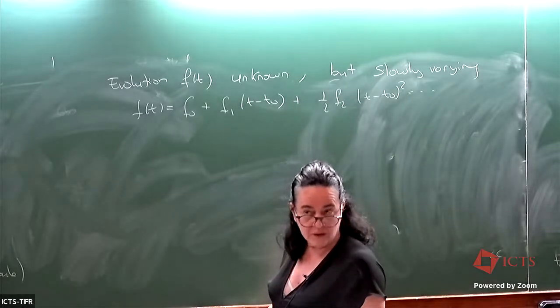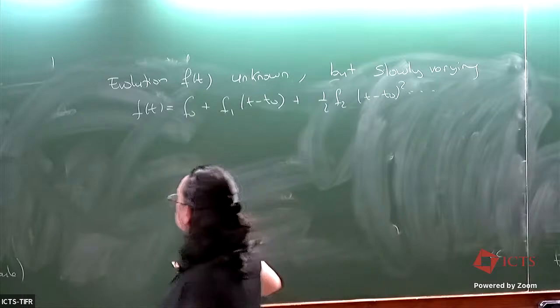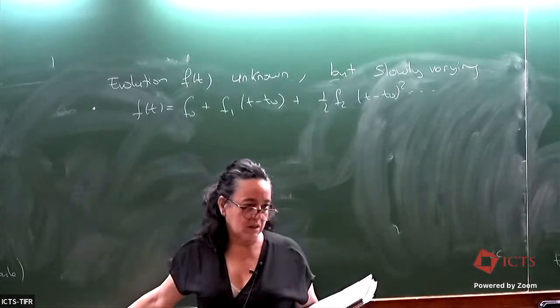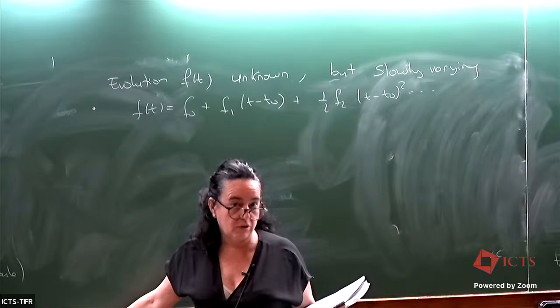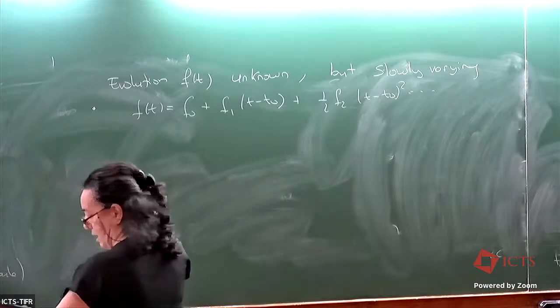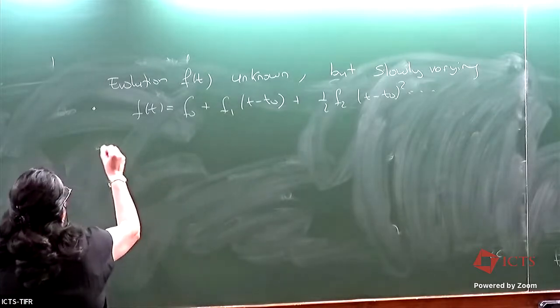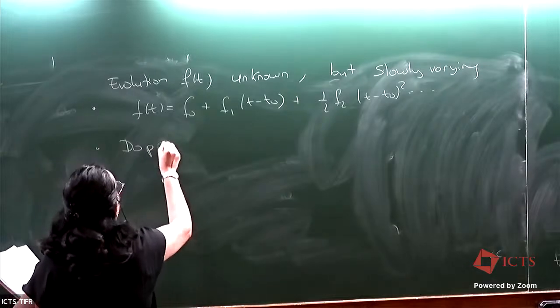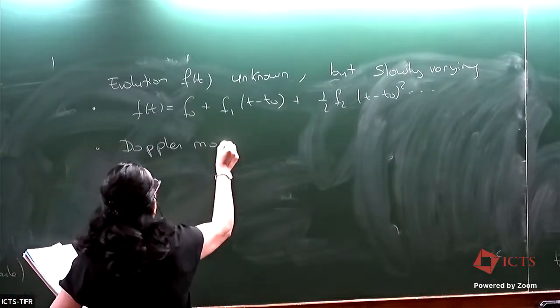So the first parameters I'm going to have here, as Keith also mentioned, are the frequency and the frequency derivatives, the frequency evolution. The other parameters are the ones that will produce the Doppler modulation.